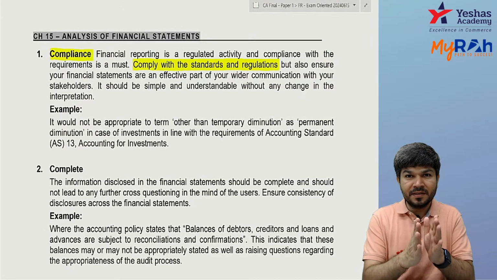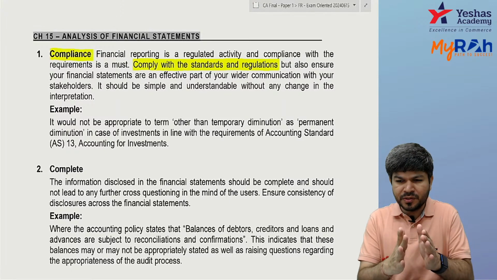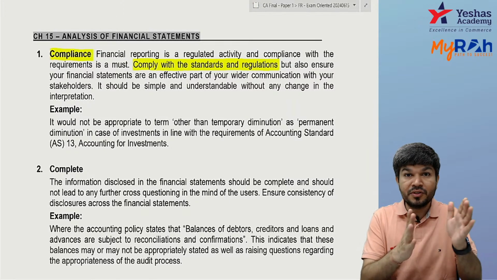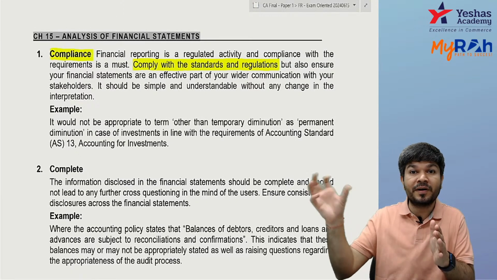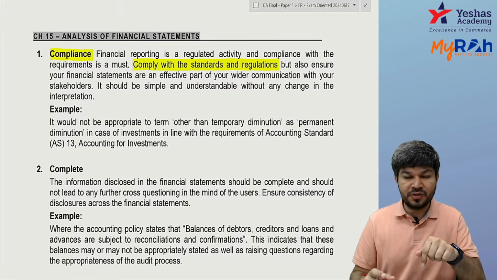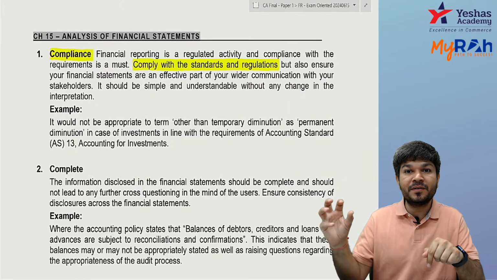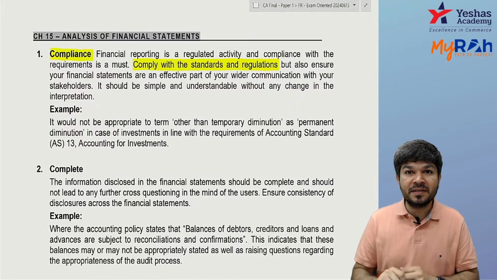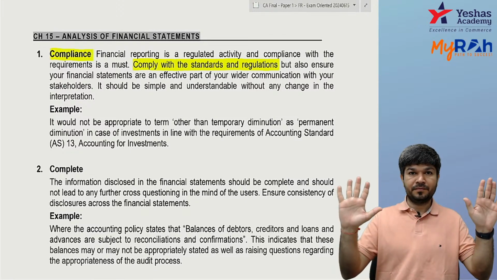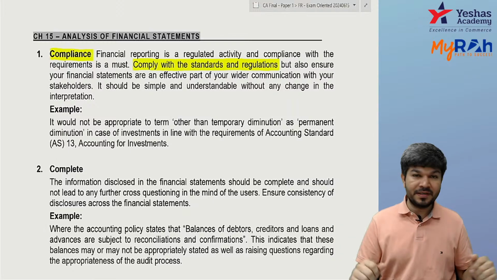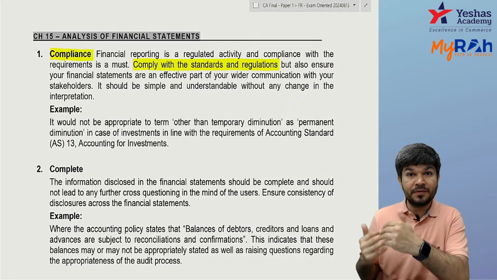Imagine there's a diminution which is expected to be reversed in 4 or 5 years. Is it a permanent diminution? No, because it's expected to be reversed in 4 or 5 years.